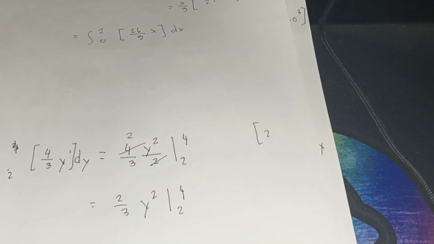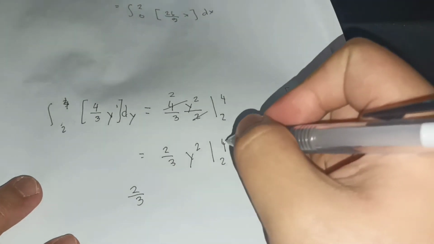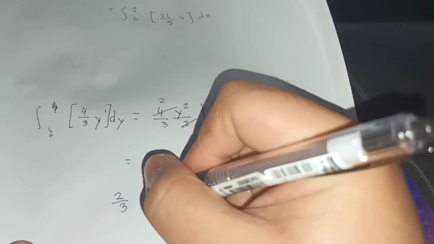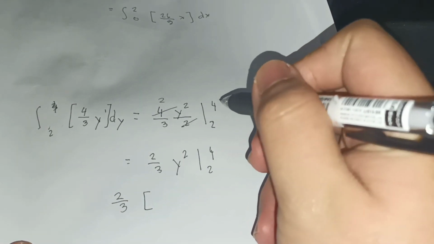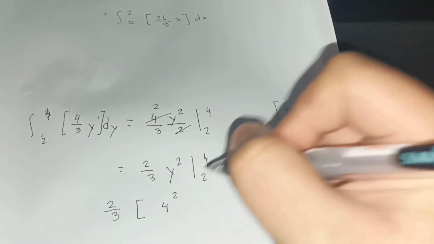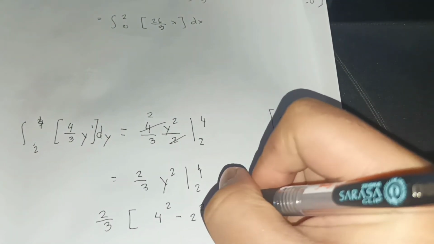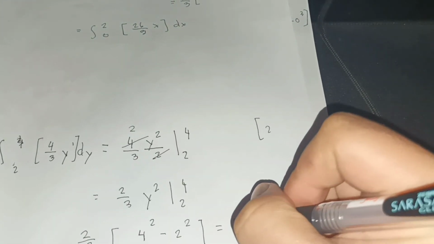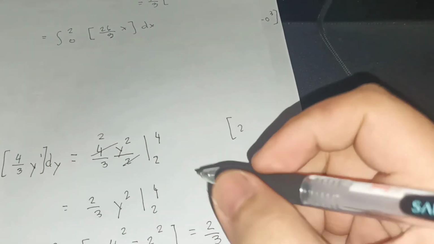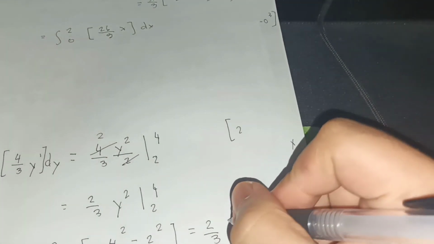What we will do now is, like we always do, we will just substitute the 4 and the 2 into the antiderivative of y, which is y squared. It's gonna be 4 squared, oh it's itchy, minus 2 squared equals to 2/3, and then 4 times 4 is 16, right? 2 times 2 equals to 4, 16 minus 4 equals to 12.